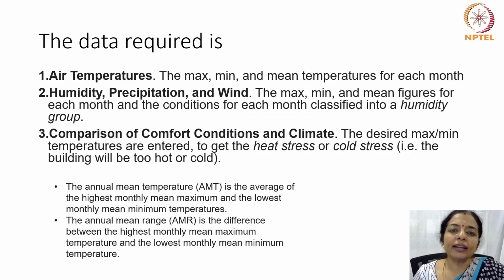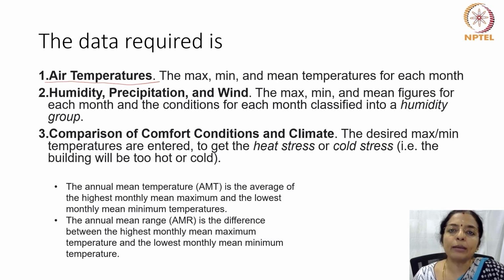So the data that is required for us to understand the passive techniques with the help of Mahoney's table, the first is air temperature. So you need to have data pertaining to air temperature. But what data? You need the maximum temperature, minimum temperature, and the mean temperature for each month.